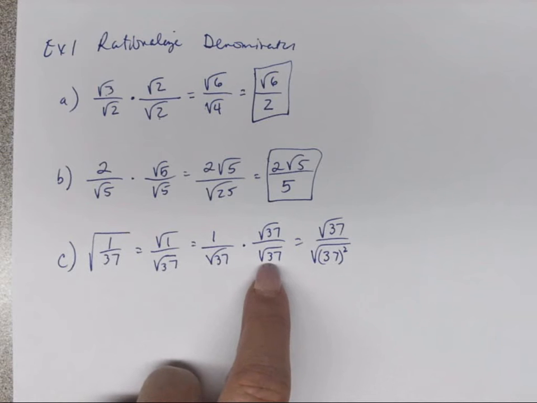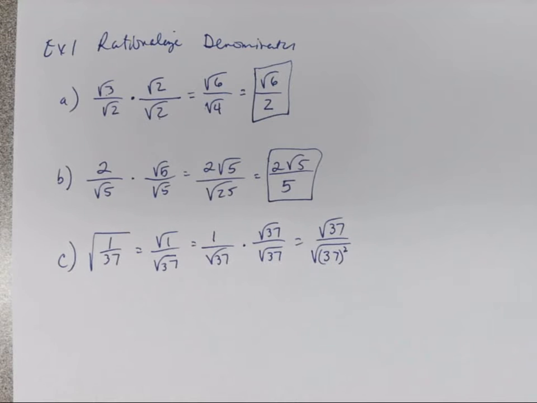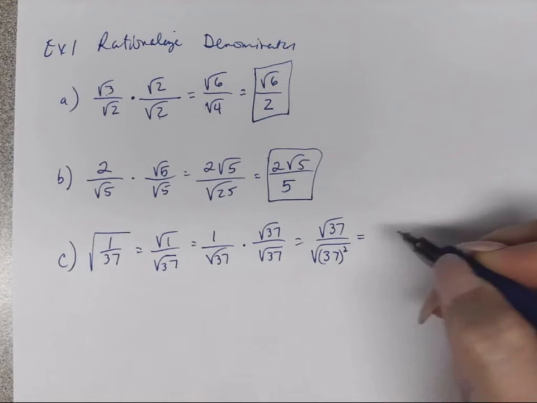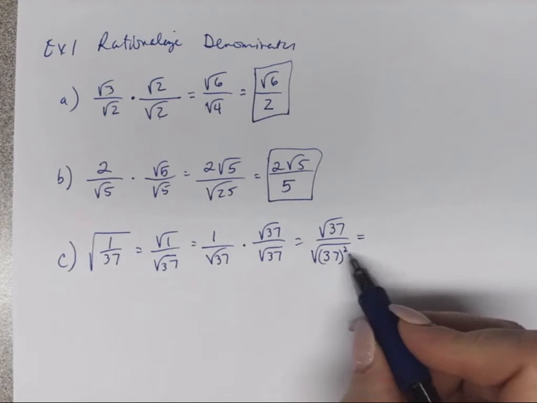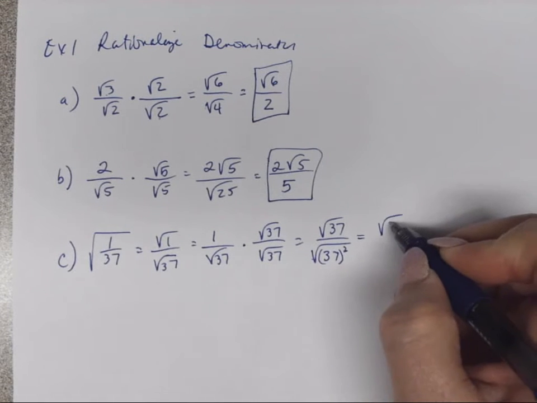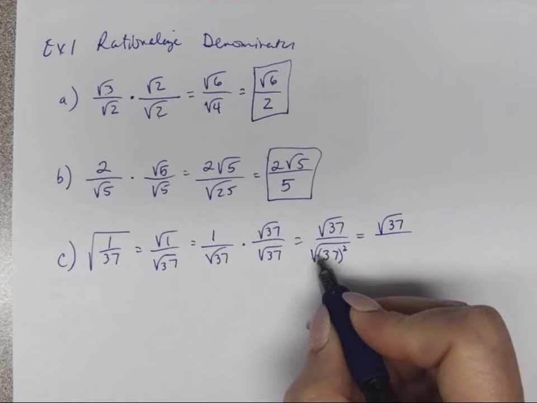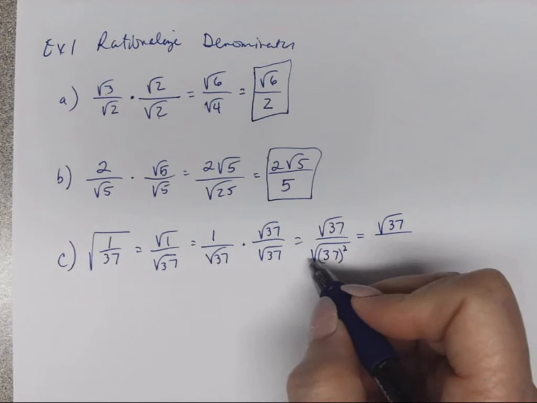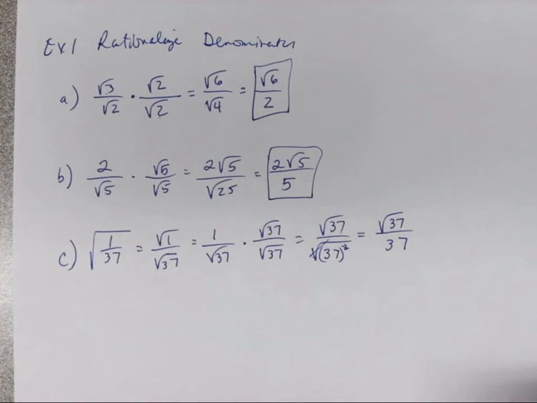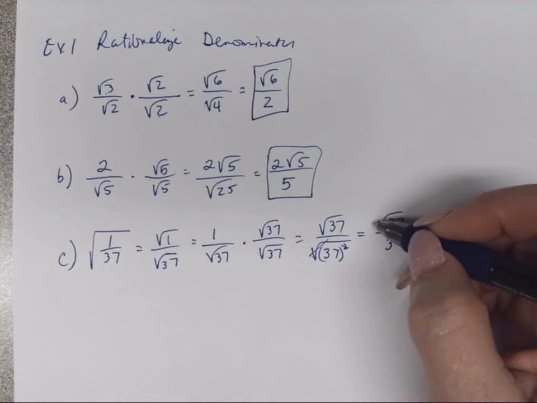I don't want to multiply 37 times 37 and then take the square root of it. If I just write it as something squared, the square root of something squared, they cancel out. The radical takes care of the exponent, so it's just over 37. And that would be your final answer.